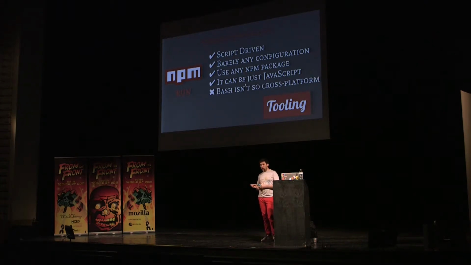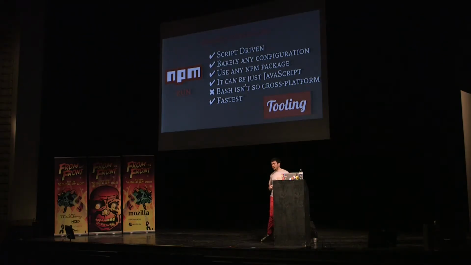The issue with using bash is that it isn't so cross-platform, and you're going to run into issues with Windows. But that's OK, because if you need to support Windows, then you're probably better off using Grunt or gulp. And yeah, it's faster than the other two.